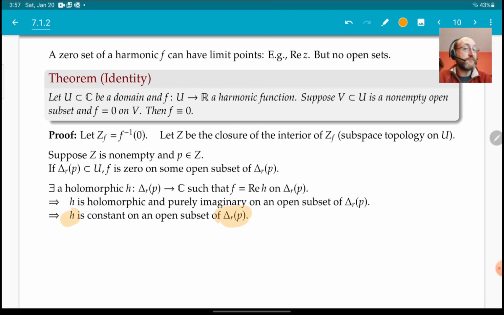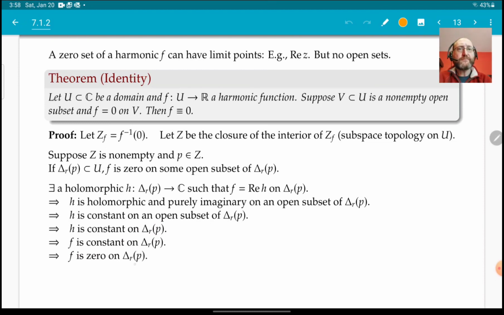Well, we have the identity theorem for holomorphic functions, and the disk is connected. So therefore, h is constant on the entire disk. So that means that f is constant on the entire disk.